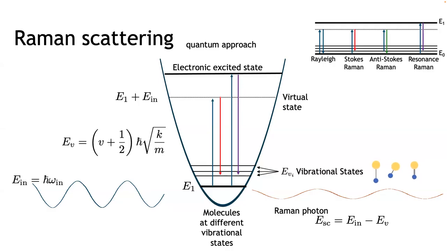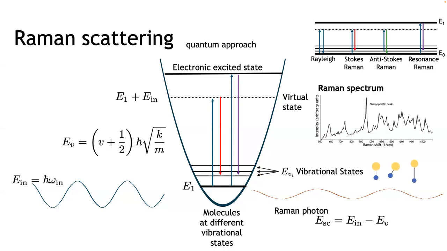So it's really convenient to match the energy of our laser to the vibration, to the absorbance energies of our molecule, because we get more signal. So when we collect all of these different photons for a second or two, we get enough of them to build a spectrum. So the Raman spectrum shows how many photons have been shifted by how much energy.